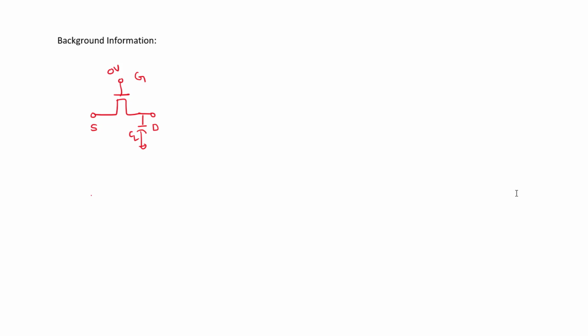There is no physical connection between the source and drain terminals, so whatever voltage is across this capacitance will be retained. If the previous voltage is 0 volts, it will retain 0 volts. If the previous value is 5 volts, that means the voltage across this capacitance is 5 volts, and it will retain the 5 volts.